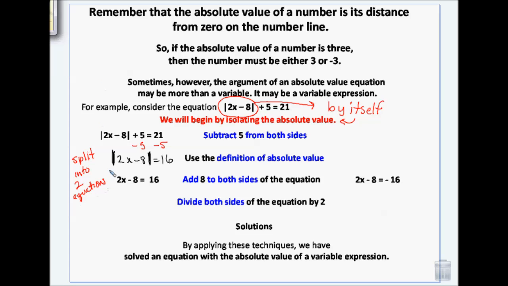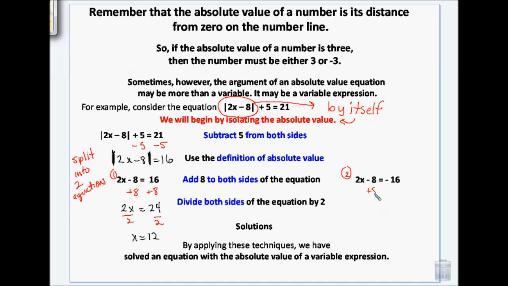Okay. So my first one is 2x minus 8 equals 16. My second one is 2x minus 8 equals negative 16. And then I solve each of them individually. So I add 8 to both sides, and that gives me 2x equals 24. Divide by 2, and I get x equals 12.